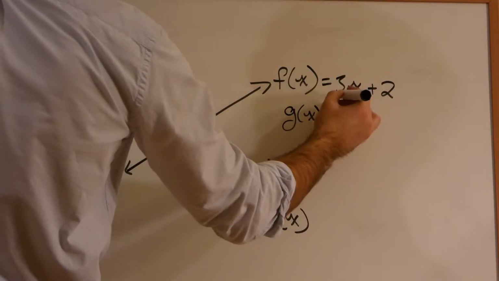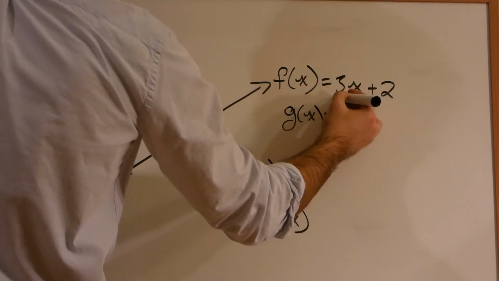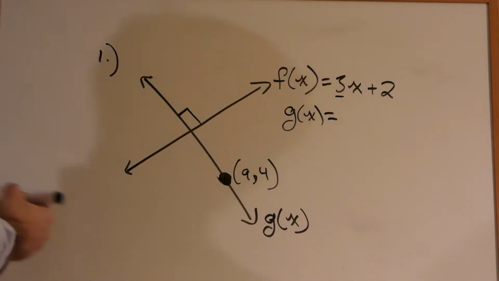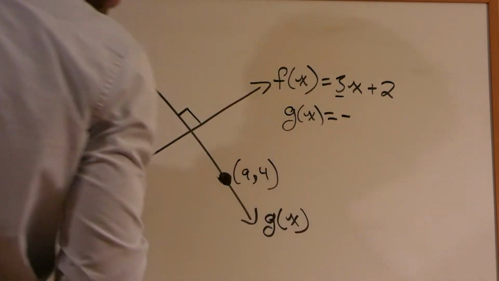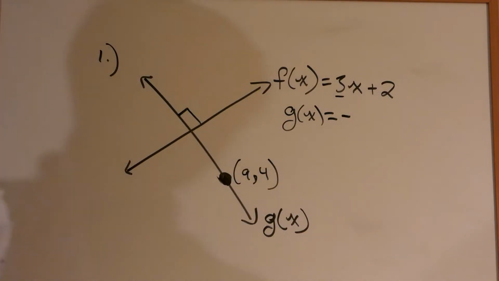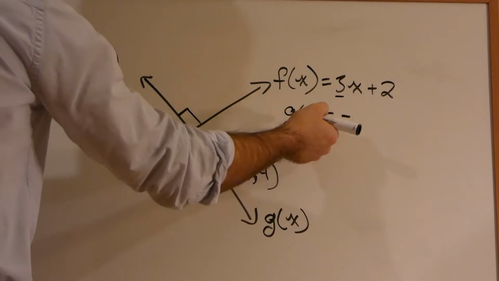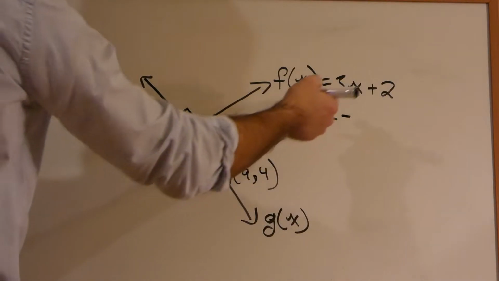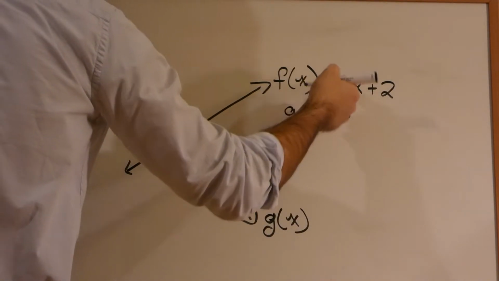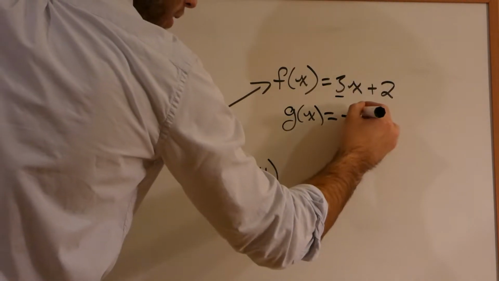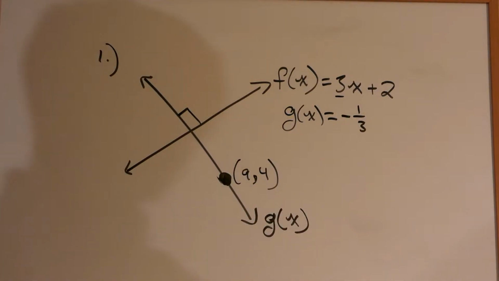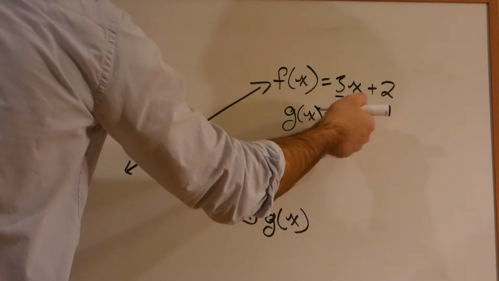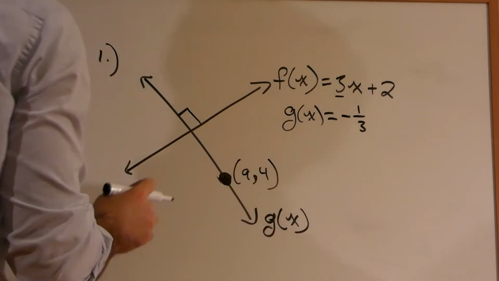So right here we see the slope of f of x is 3. Opposite means a minus right here. So we're going to write g of x is equal to minus, and reciprocal means the reciprocal of that slope, which is just 1/3. So we're doing the opposite reciprocal to figure out what the slope is.